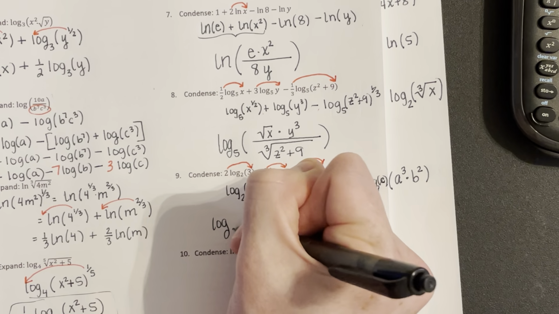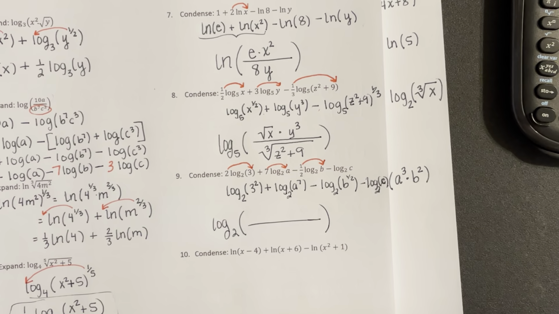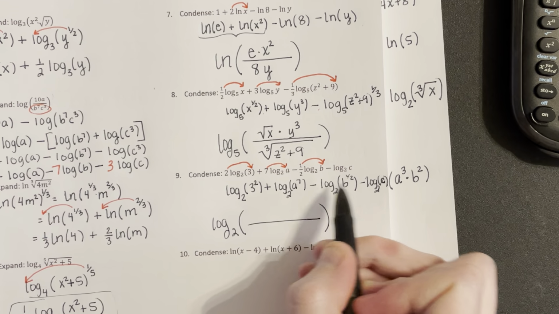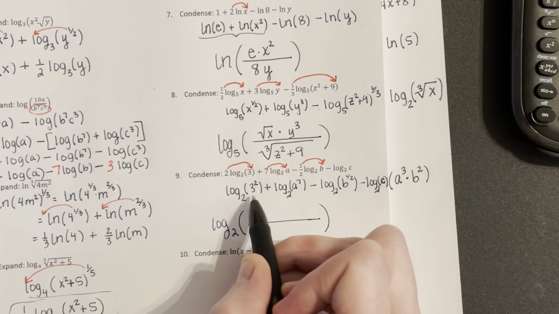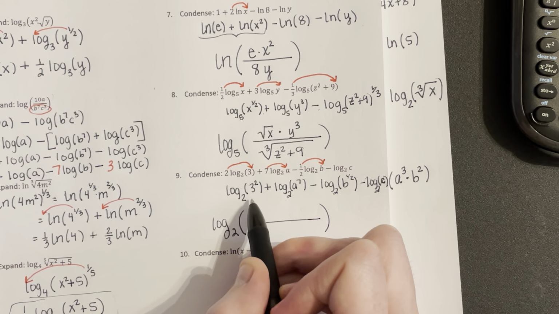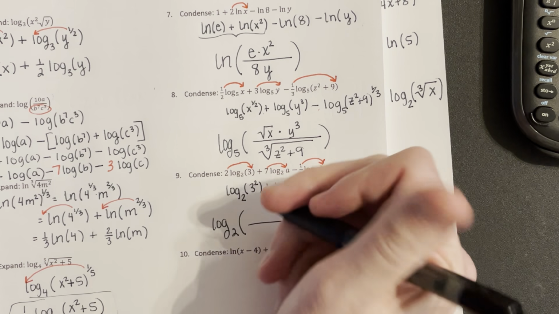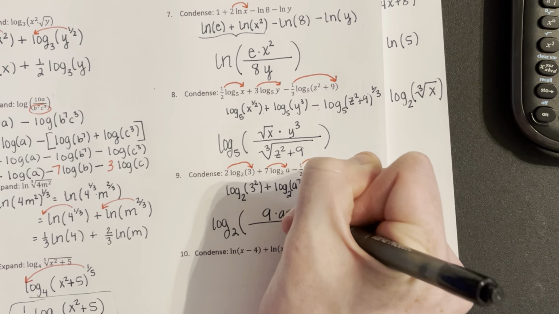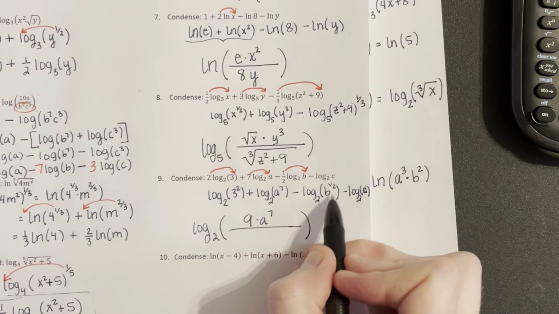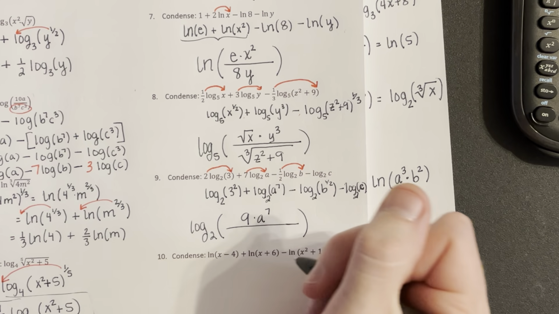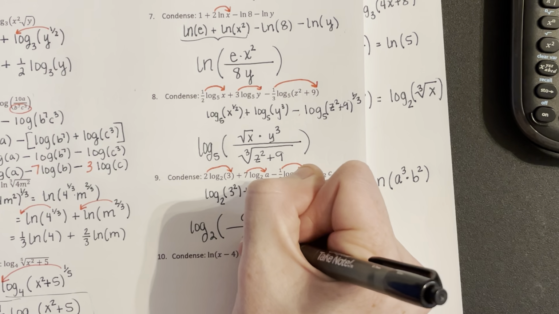All right. There's going to be some division since I've got the minuses. On top, we're going to have a product property. 3 squared is 9, so I could work that out as 9 times a to the 7th. In the bottom, we're going to have a b to the 1/2, which is the square root of b, and a c.